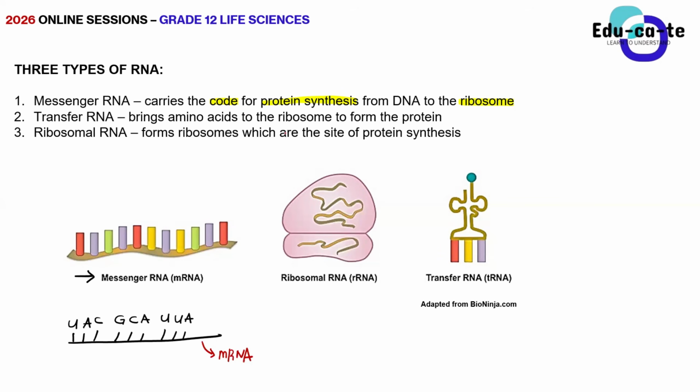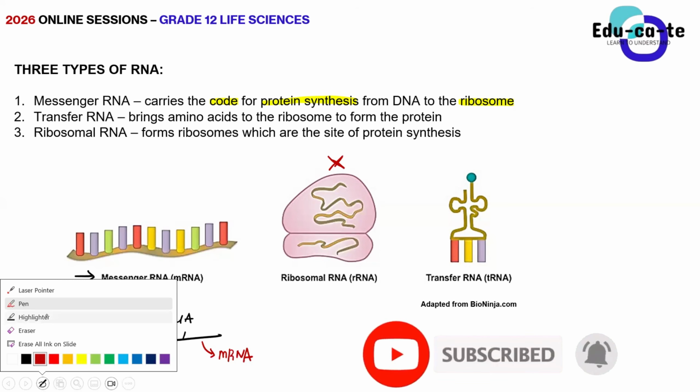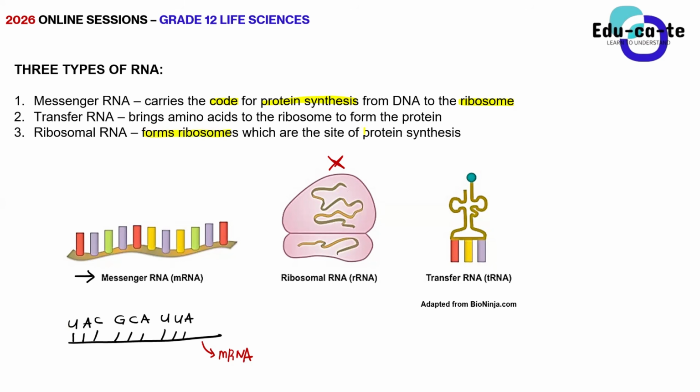The ribosomal RNA is not relevant for you, because it is the one that forms the ribosomes, which are the site for protein synthesis. So basically, the manufacturing of proteins happens at the ribosome. When you are manufacturing proteins later on, they will do it at the ribosome.